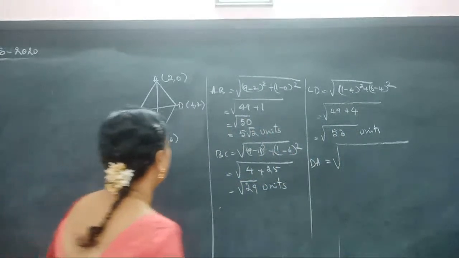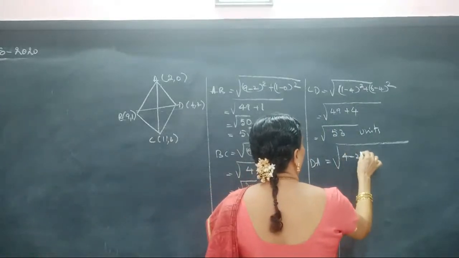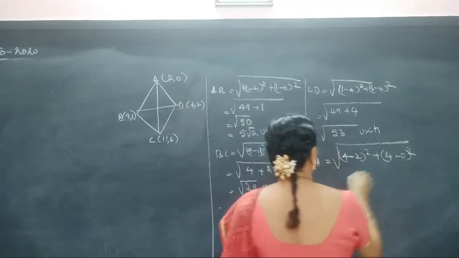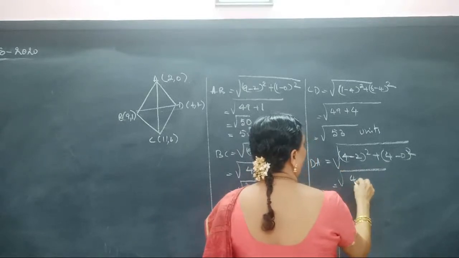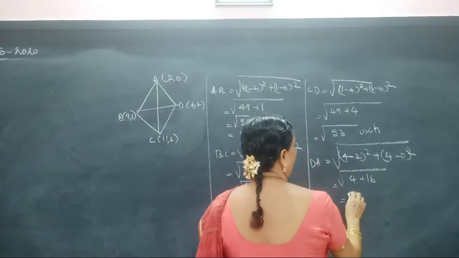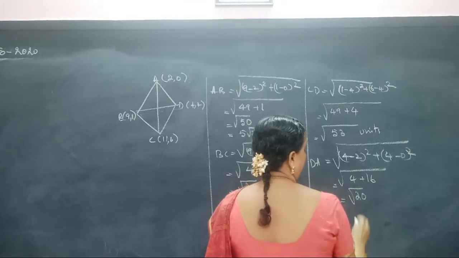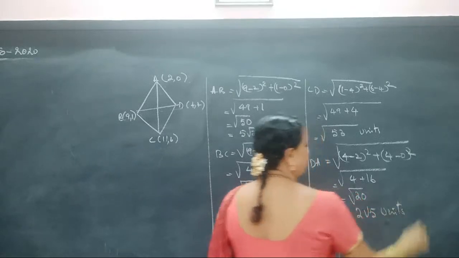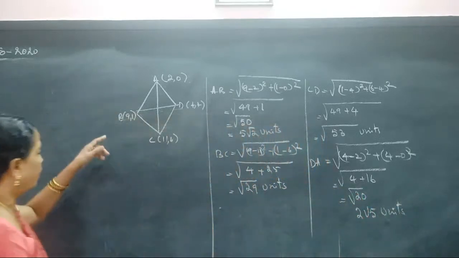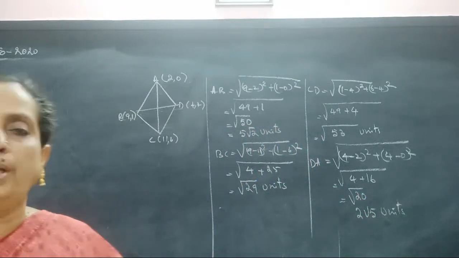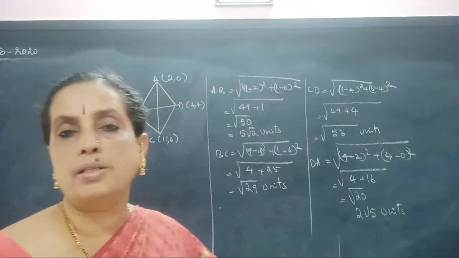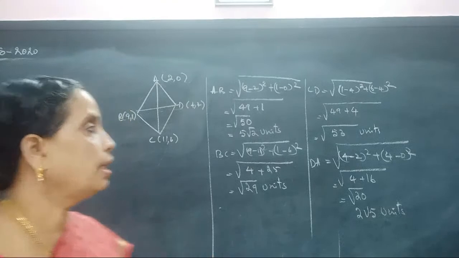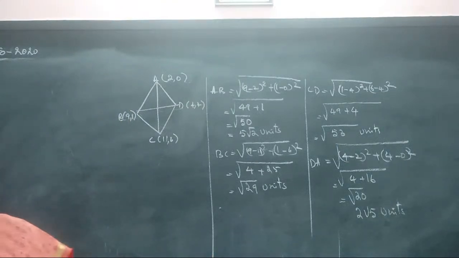Now DA: (4 - 2) whole square plus (4 - 0) whole square, it is 4 plus 16, it is 20, 2 root 5. I thought I may get a rhombus, which is why I took this figure, but it is not a rhombus; the four sides are not all equal in measure. Check it.